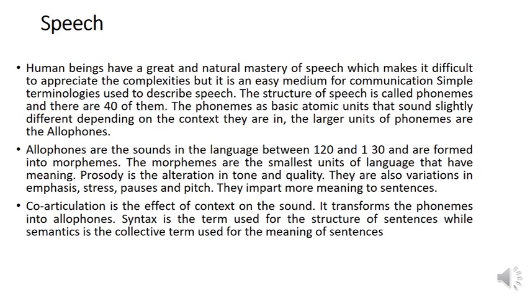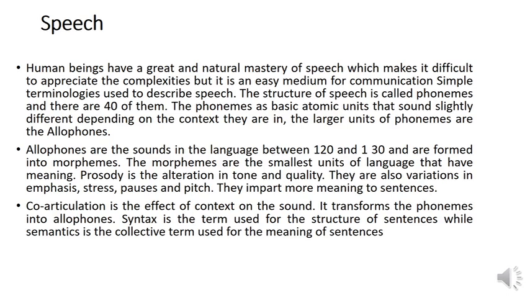Simple terminology used to describe speech. The structure of speech is called phonemes, and there are 40 of them. The phonemes are basic atomic units that sound slightly different depending on the context they are in. The larger unit of phonemes are the allophones.